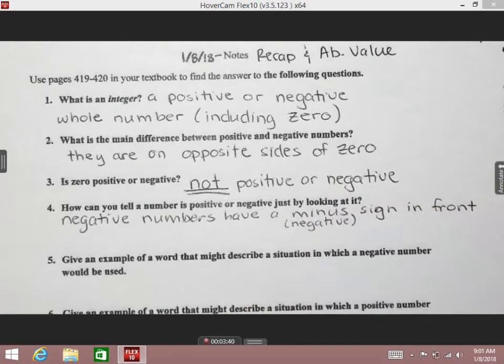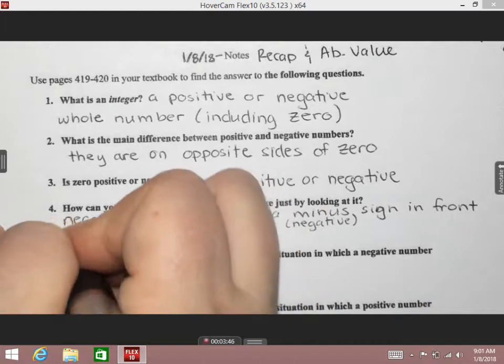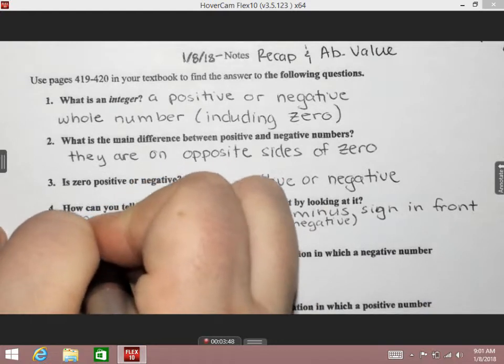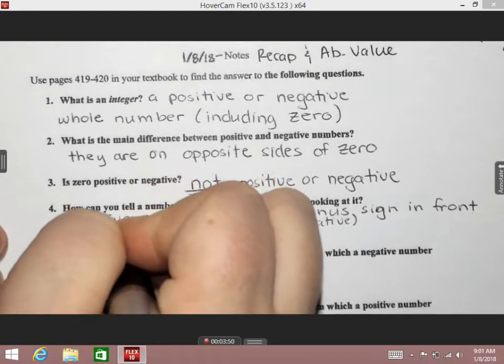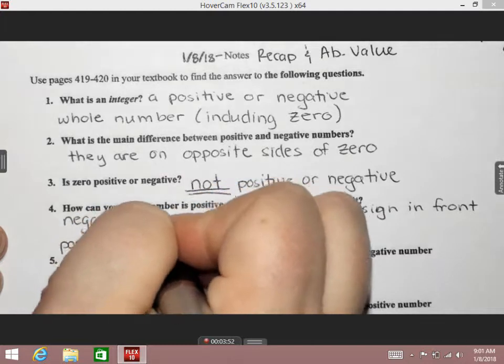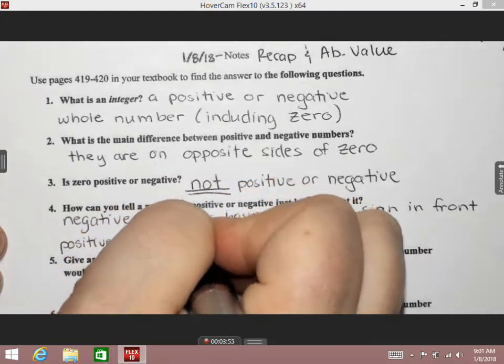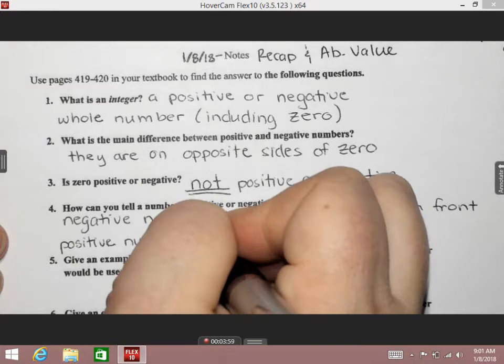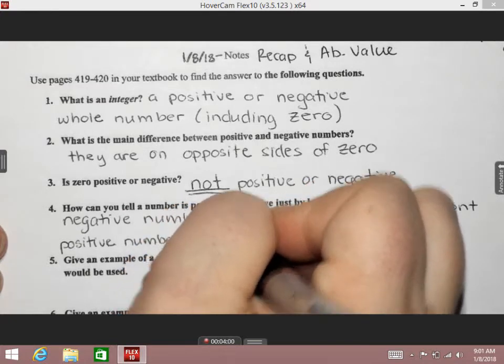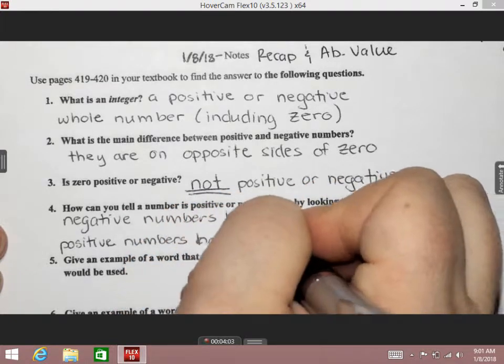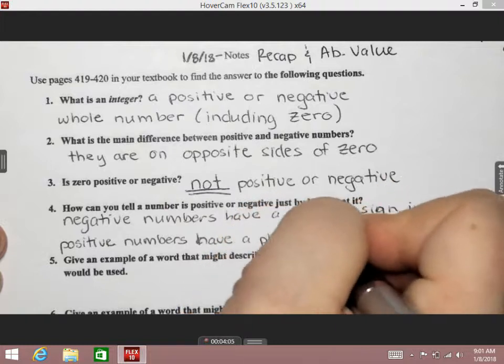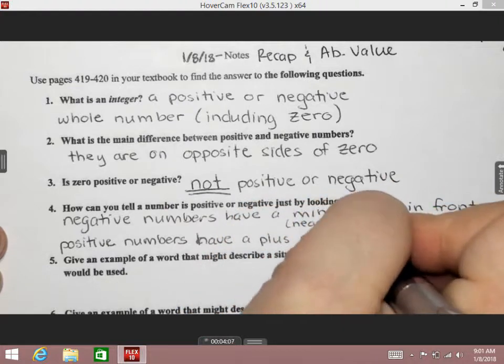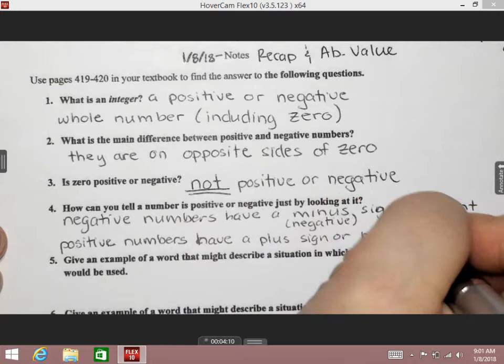What about a positive number? How do I know it's a positive number? Yeah. Positive numbers have a plus sign or no sign.